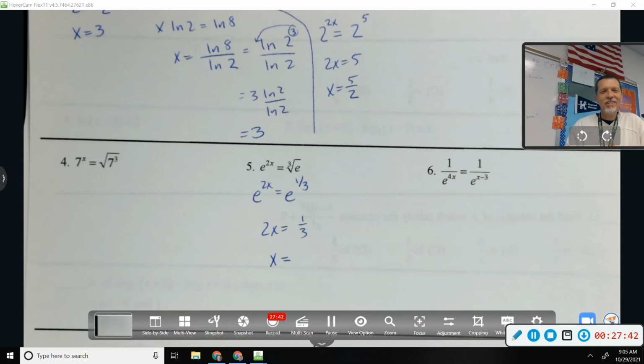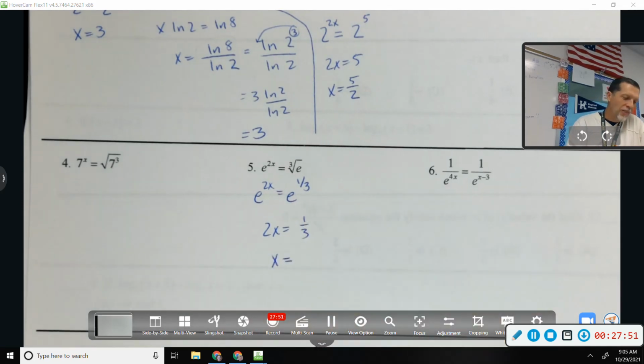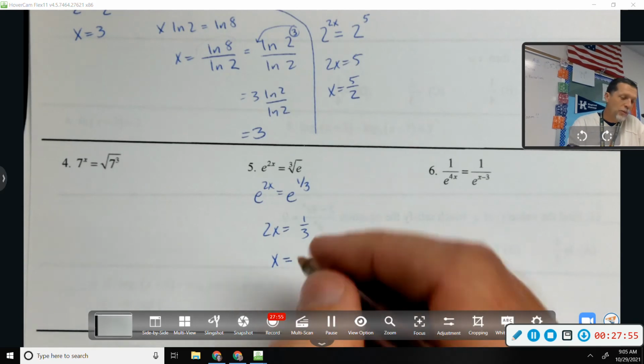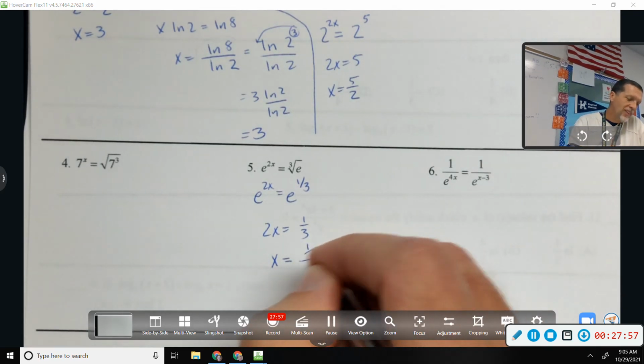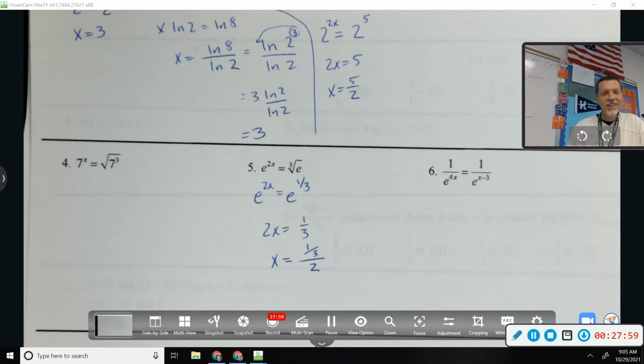If 2x equals 1/3, then x equals 1/3 over 2. Yeah, but I don't want to write 1/3 over 2. That certainly won't be the answer on the multiple choice test.